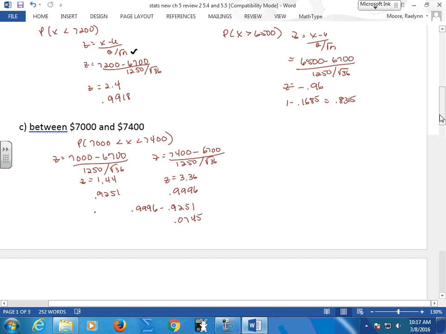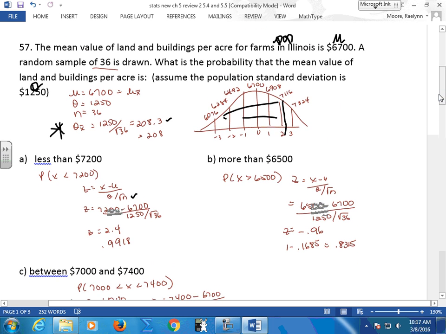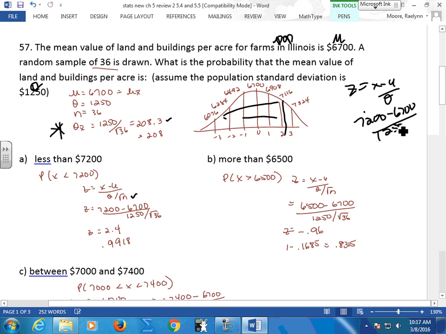So in this one, I am able to set my z-score up, aren't I? I say my X value is 7,200. My standard deviation is here. Oh, why did they bother giving me a random sample?